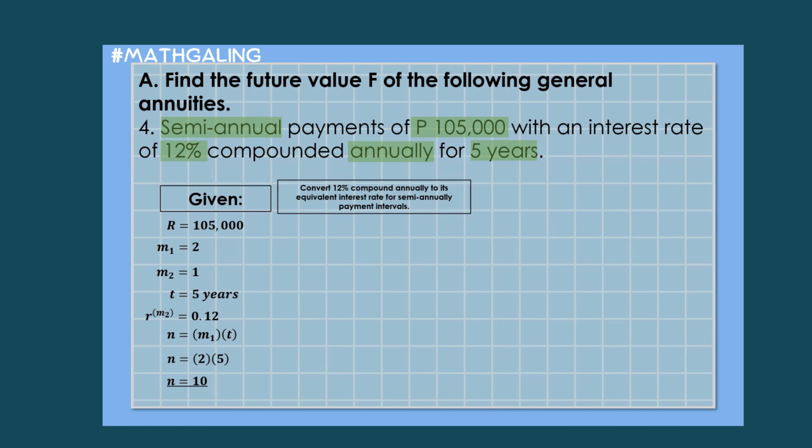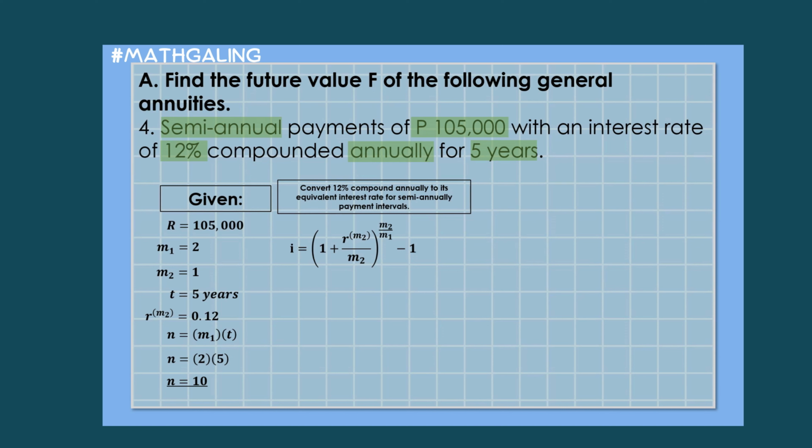And now convert 12% compounded annually to its equivalent interest rate for semi-annual payment intervals. So let me show you the formula of the I. So I is equal to 1 plus R over M sub 2, raised to the power of M sub 2 over M sub 1, minus 1.